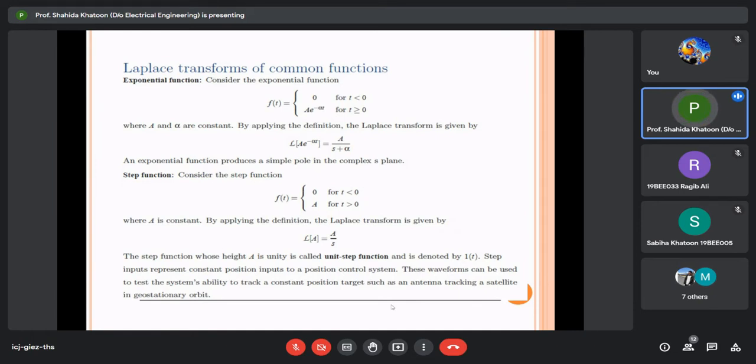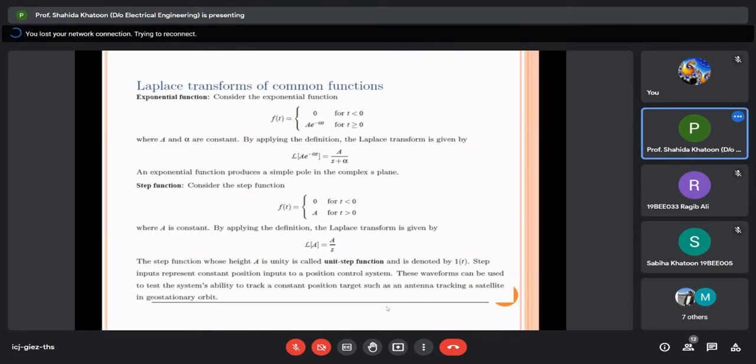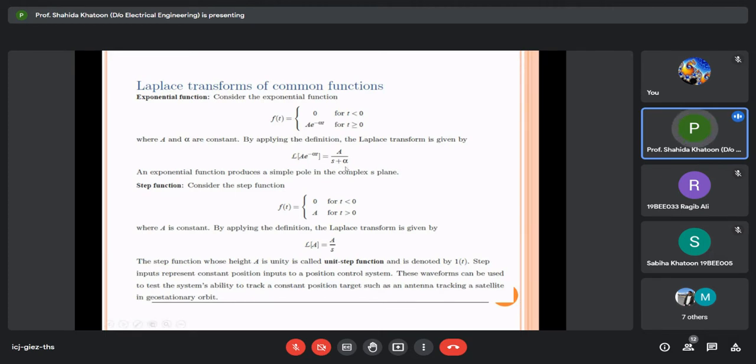If you apply the definition, you get the Laplace transform of A e to the power minus alpha t is equal to A upon s plus alpha, and you get a simple pole at s equal to minus alpha, right? So this is an exponential function.